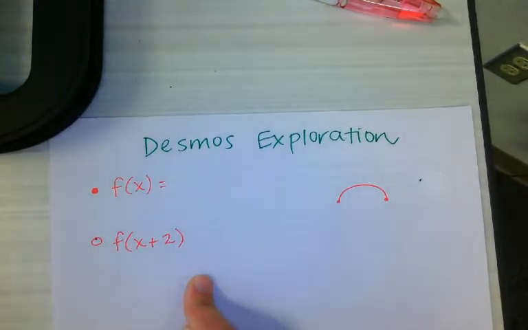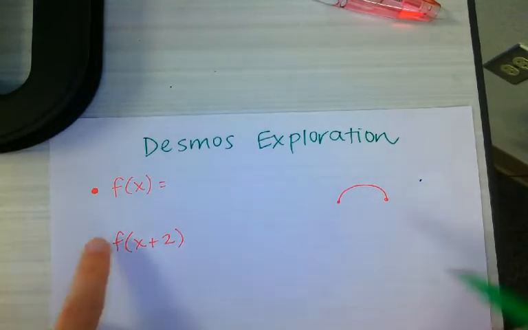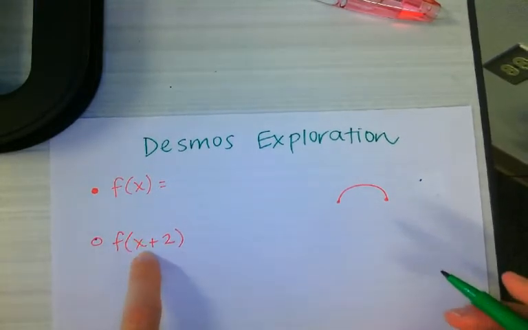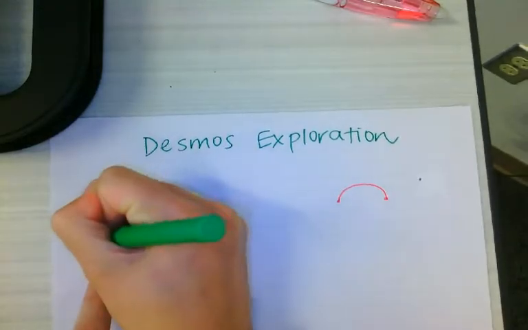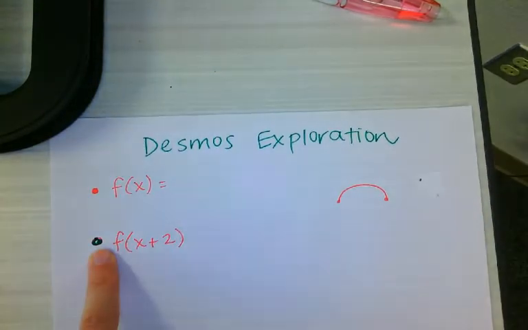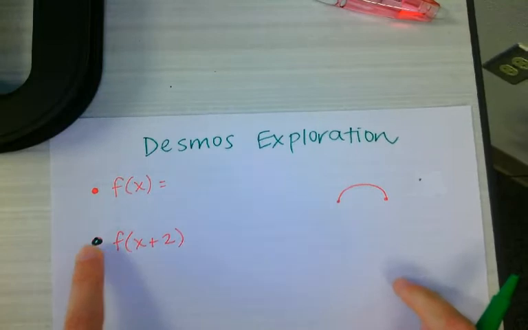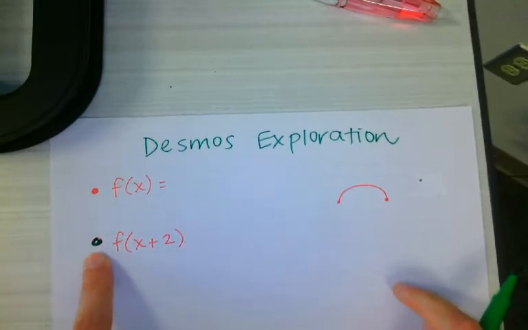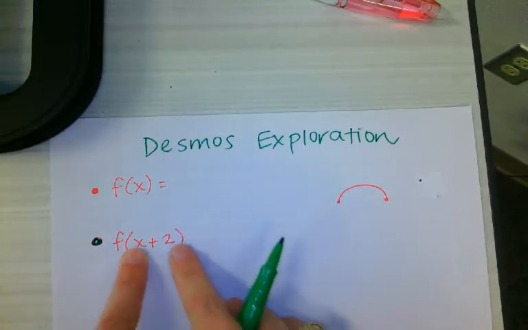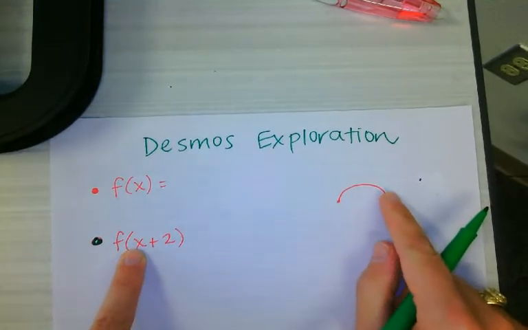What I want you to do is, for each equation, click the circle next to that equation, and it will graph that new function, and you're going to make a note of how it changes from the original.